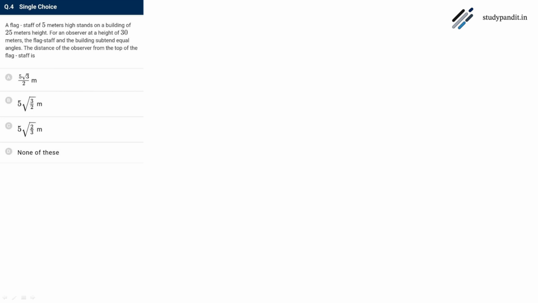The distance of the observer from the top of the flag staff is, so it is given the flag staff is on the building of the height 25 meters, so it is the building of 25 meters, and then we have a flag staff of 5 meters.